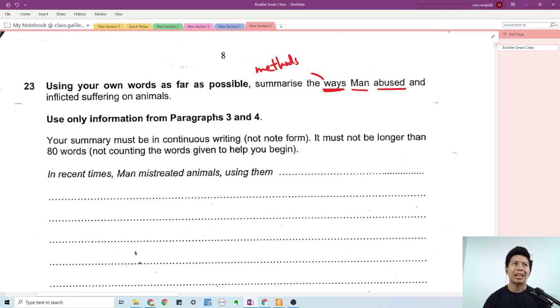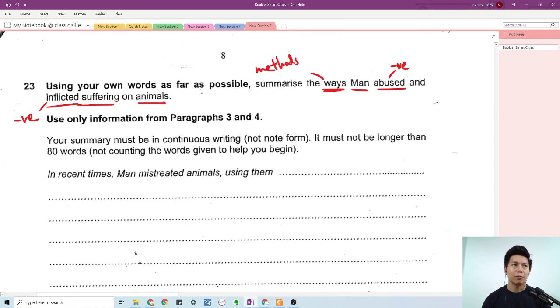Man abused and inflicted suffering on animals. You notice that abuse and inflicted suffering, they are both negative in nature. Okay, the word suffering as well. Okay, on animals. This passage is about animals, so throughout the passage it is just about animals. So we don't really have to pay too much attention to this particular word here.